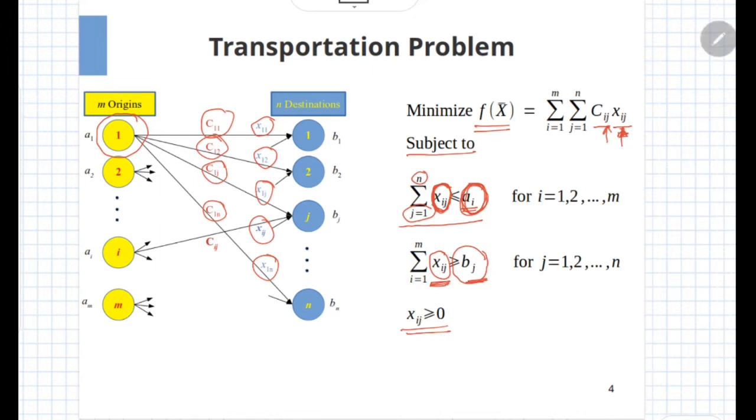As we can see here, the constraints are of inequality type. So we can convert them into a standard linear programming type by introducing the slack variables and the artificial variables.